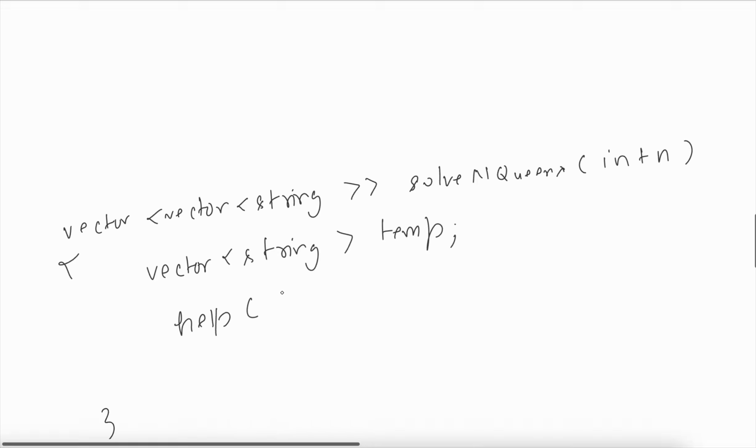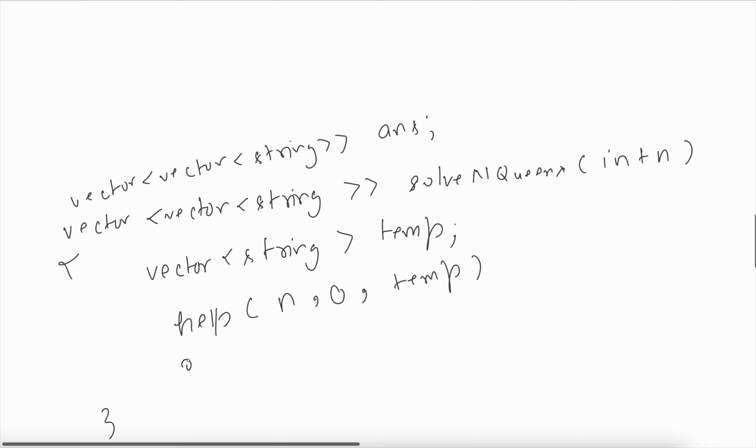We have an imaginary board. We don't need to keep the board and place queens on it, because our temp will store our current answer, and we know the failure cases. So help takes n, we are starting from 0, we have temp, and here we have a vector of string answer.